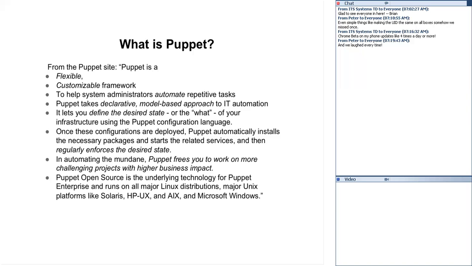And then it does that over and over again. So if you accidentally turn off a service, or if some service goes away, Puppet's going to go out there and regularly enforce that desired state and set it back the way that it's supposed to be. And it's definitely true that Puppet frees you to work on more challenging projects with a higher business impact and ROI.